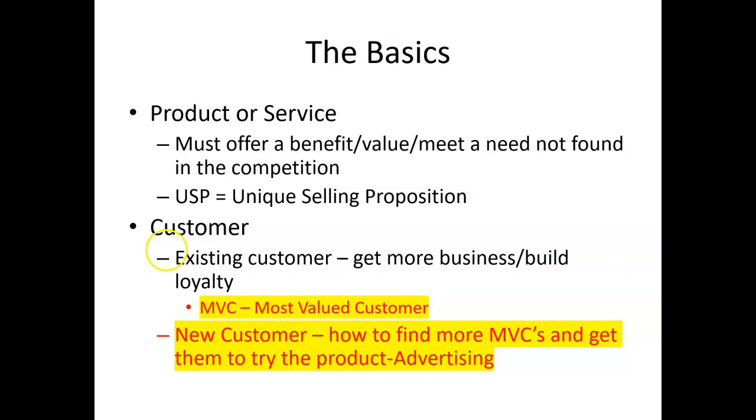I mean, on and on and on. I want to deliver a special level of service to you. I want to recognize you as someone who spends a lot of money with me, and I want you to really build the loyalty. And then for new customers, I want to figure out the profile of the most valuable customer. I want to know demographics and psychographics.